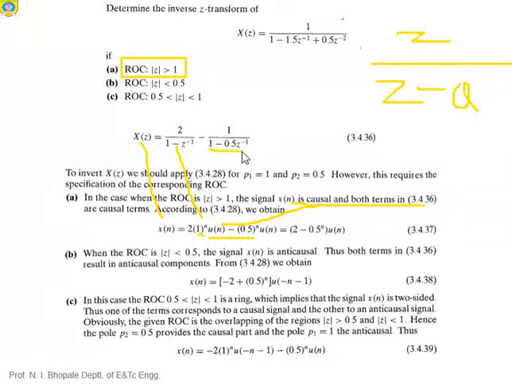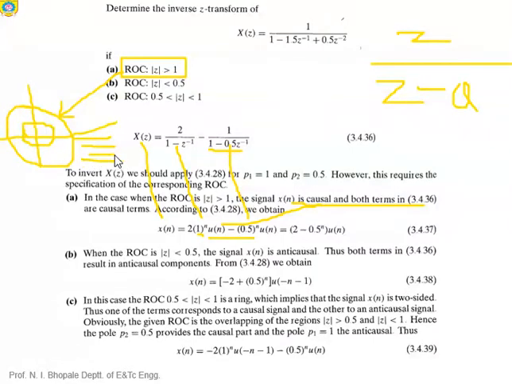Similarly for the second case, a is nothing but 0.5. So for the circle with radius 0.5 and the circle with radius 1, obviously we need to concentrate on mod z greater than 1, which means both the ROCs, the ROC due to the circle with radius 0.5 and the circle with radius 1, should have a common ROC.